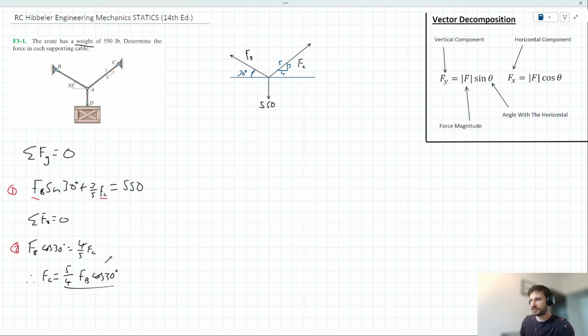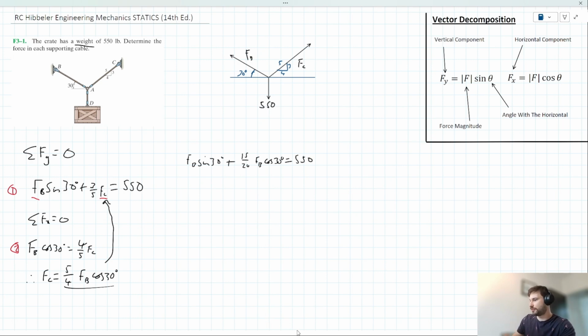Let's substitute that in for FC here. I can say FB sine 30 plus, now we have 5/4 and 3/5. Multiplying them together gives 15/20, right? 15/20 FB cos 30 is all equal to 550.